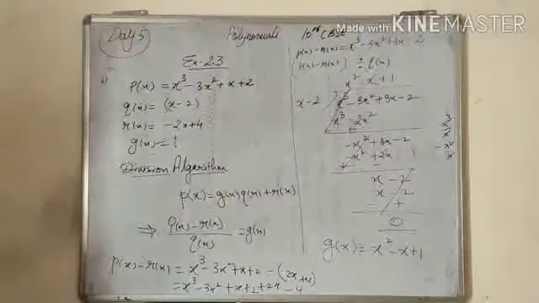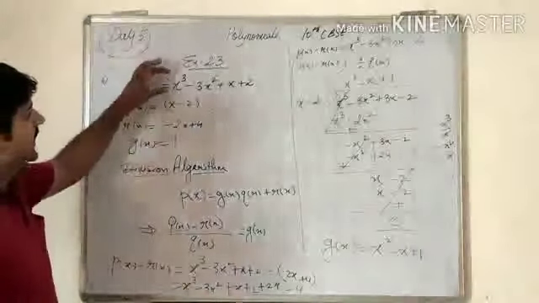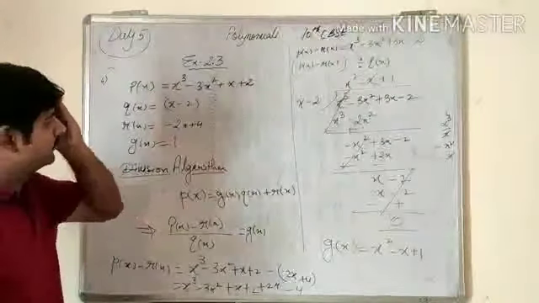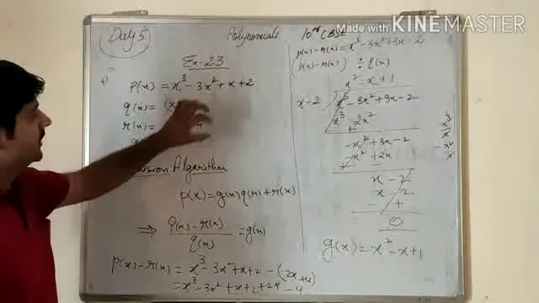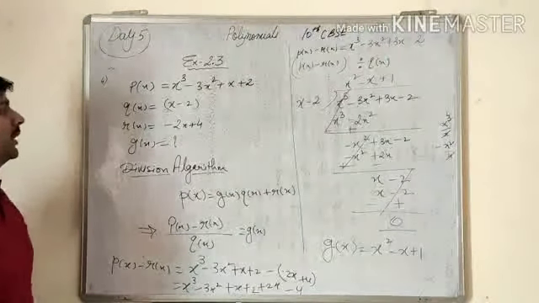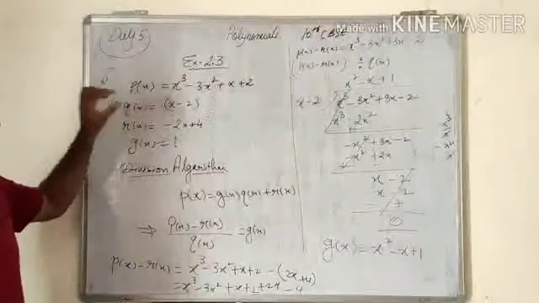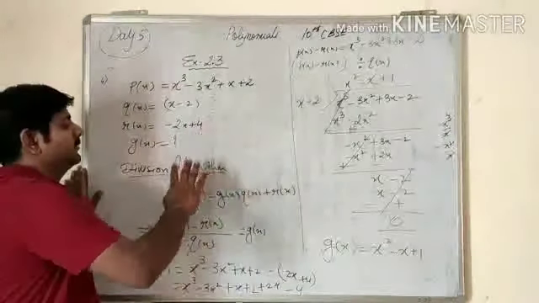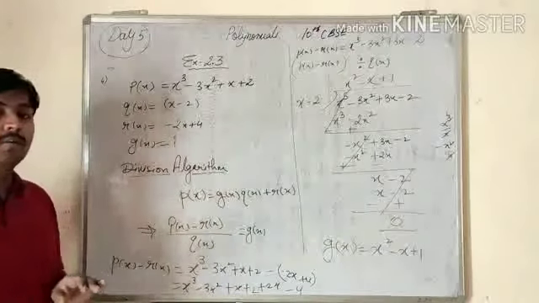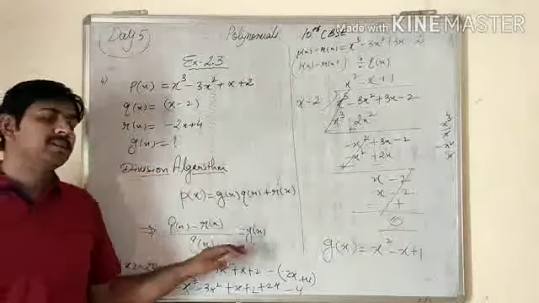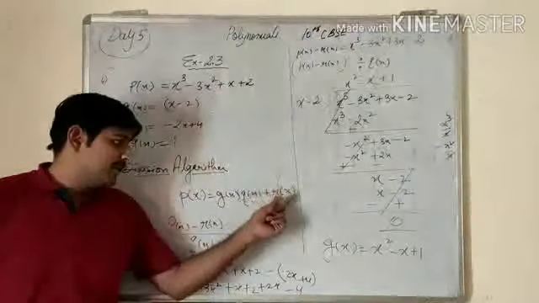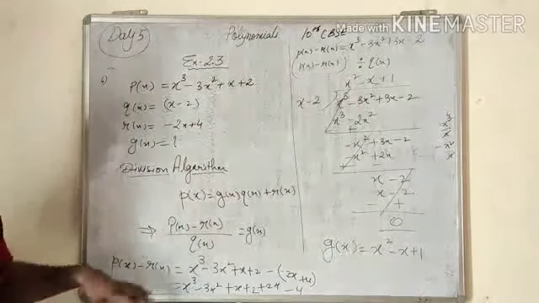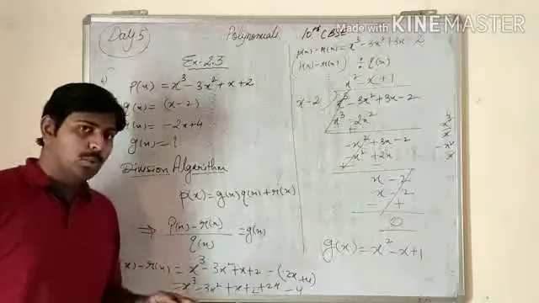I'll explain once again. This x cube minus 3x square plus x plus 2, we will divide by x minus 2, and our r(x) is given. So this formula we will apply, p(x) equals g(x) into q(x) plus r(x). This r(x) we will shift to the other side, so it will be negative. Then we will divide by q(x).